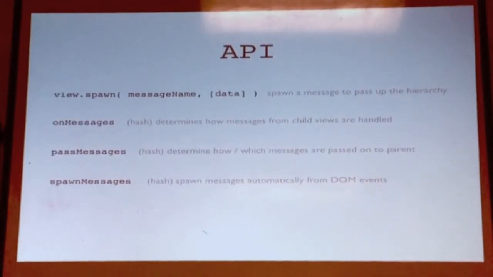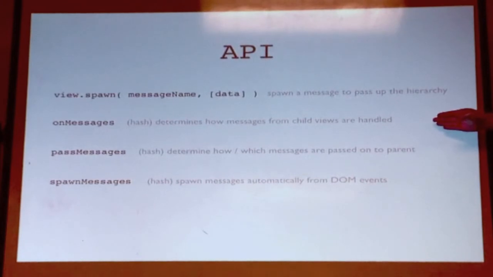So you have the view spawn, where you can spawn a message name, and you can also pass data up with the message. So you spawn a message name, selected or clicked or whatever you want, and you can pass application-defined data up with the message.